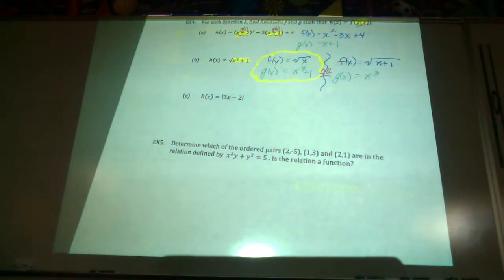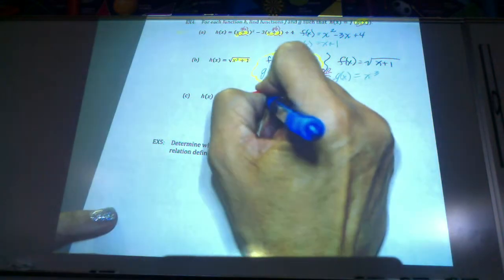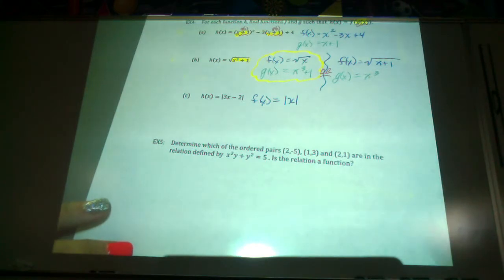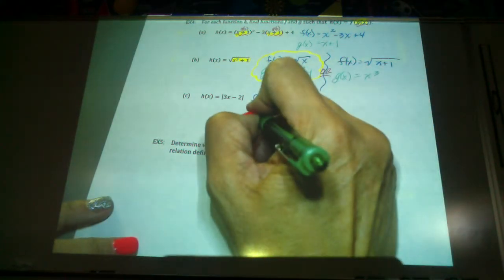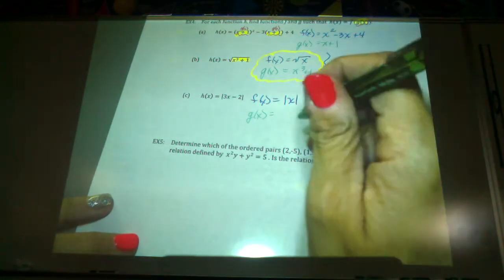Quincy, what is f of x? The absolute value signs and then x is in the middle. Very nice. So f of x is the absolute value of x. So Ellie, what's g of x?